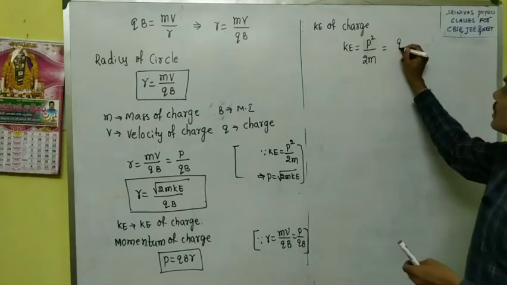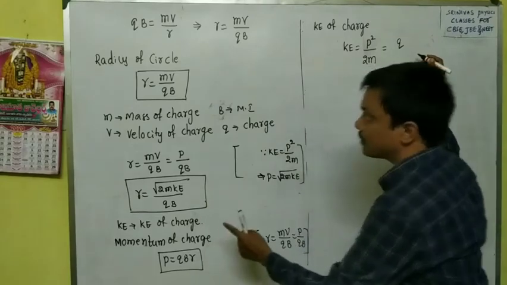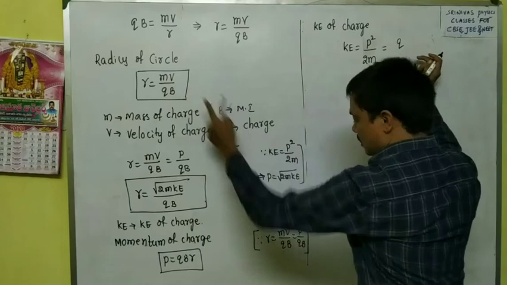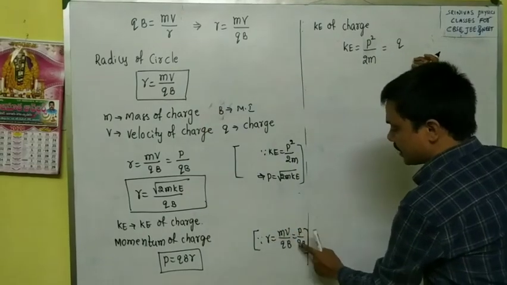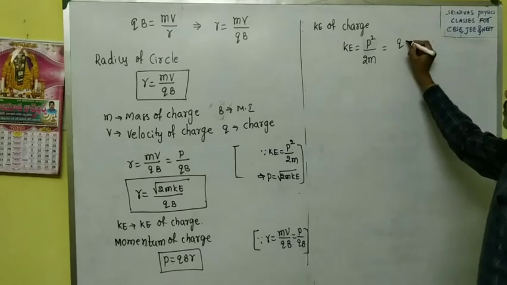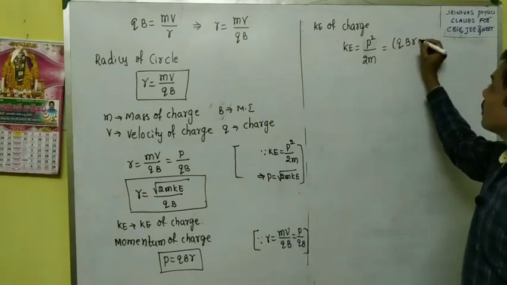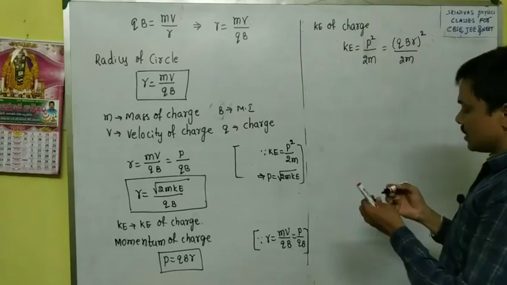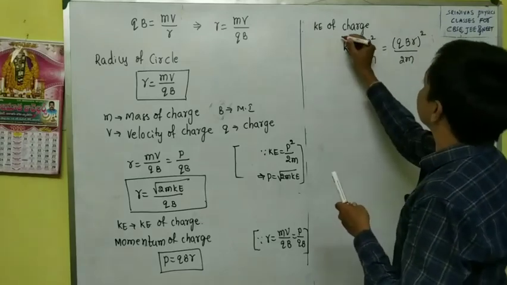P is what here? qbr. How did we get this p? Radius is mv by qb, and from that mv we write as p by qb. This qb taken to the left side, p is equal to qbr. So kinetic energy is qbr whole square by 2m. This is the kinetic energy formula.